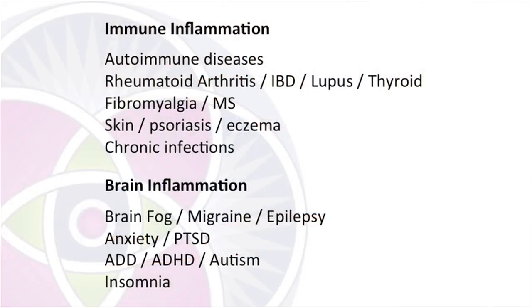Now let's take a look at your central nervous system. If it is inflamed, what kind of things might you be suffering from? Brain fog, migraines, epilepsy, anxiety and PTSD, ADD, ADHD, autism, and insomnia. Again, 100 or 150 years ago, these kind of symptoms, these kind of diseases were really rare.